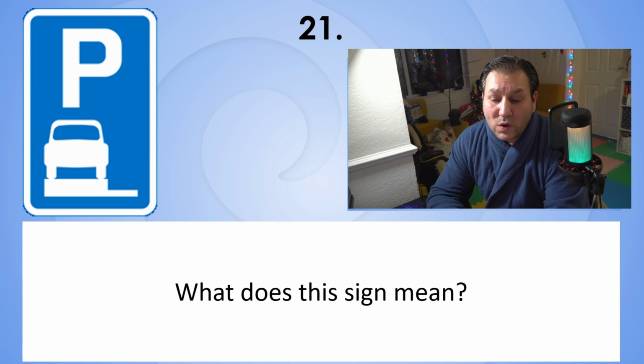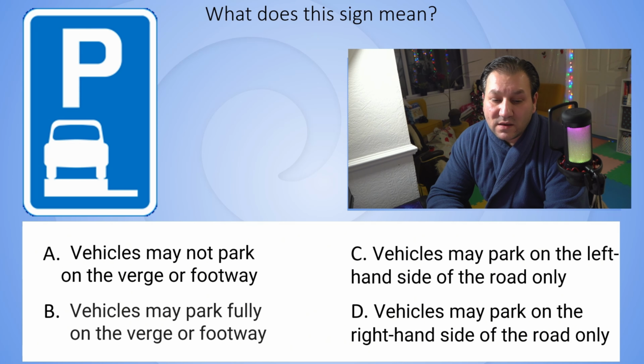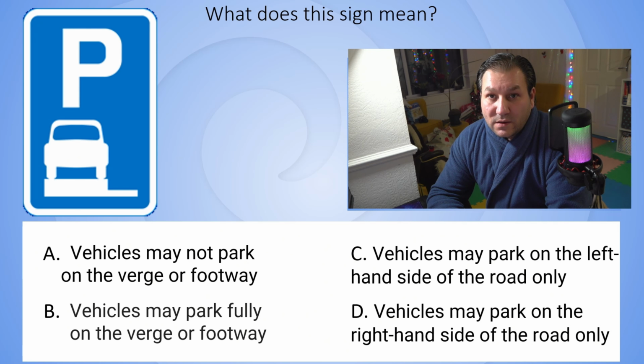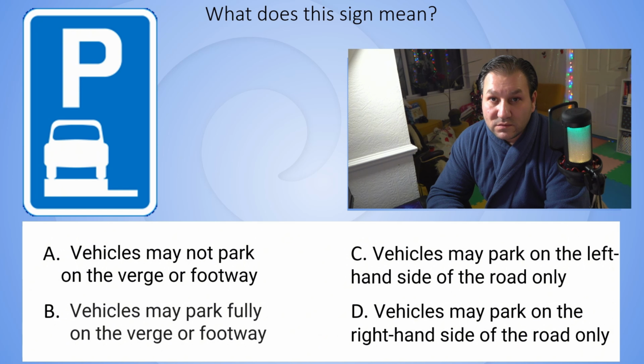21. What does this sign mean? A. Vehicles may not park on the verge or footway. B. Vehicles may park fully on the verge or footway. C. Vehicles may park on the left-hand side of the road only. Or D. Vehicles may park on the right-hand side of the road only.